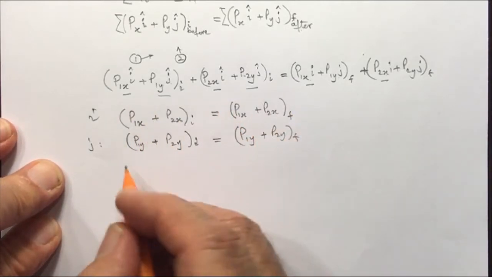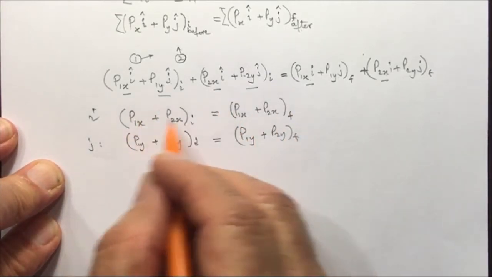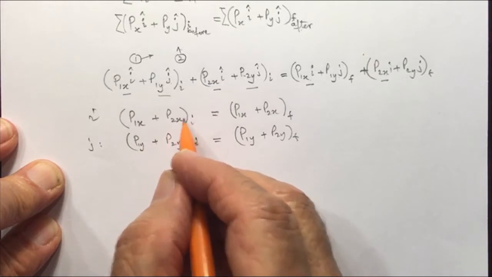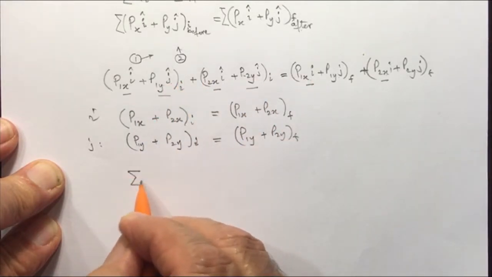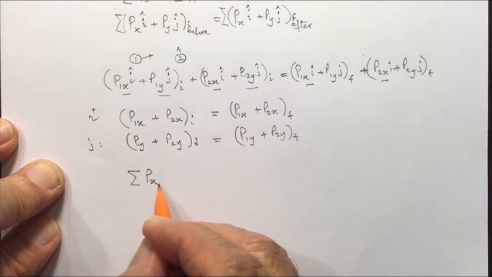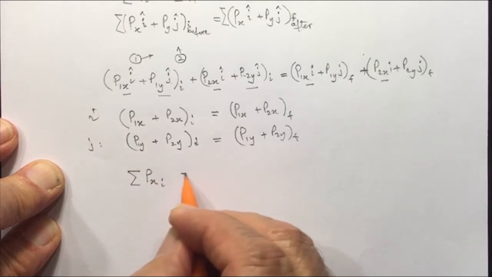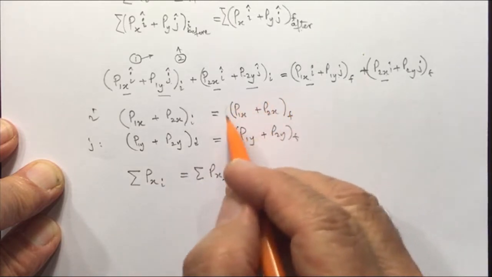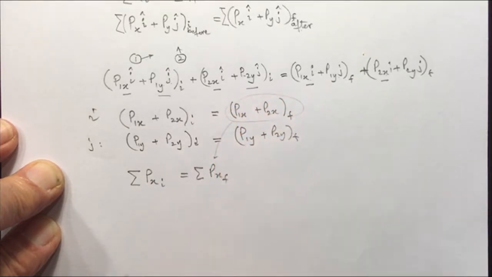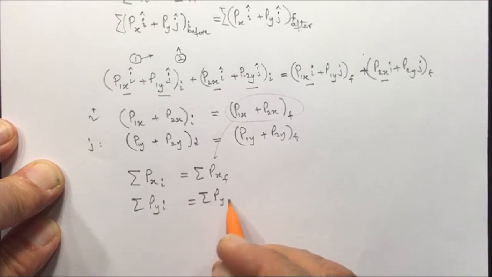This equation is simplified to, since we're adding two components and there may be more than two particles, so we say sum of px initial equals sum of px final. So this term becomes this, and sum of py initial is sum of py final.